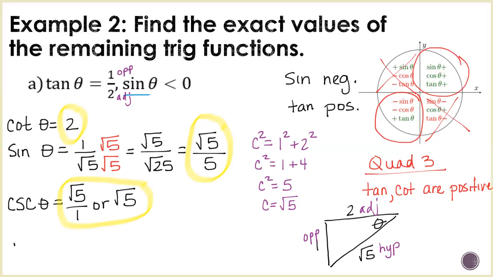And then we have the cosine. The cosine is adjacent over hypotenuse. Adjacent is 2 over root 5. We have to rationalize that.